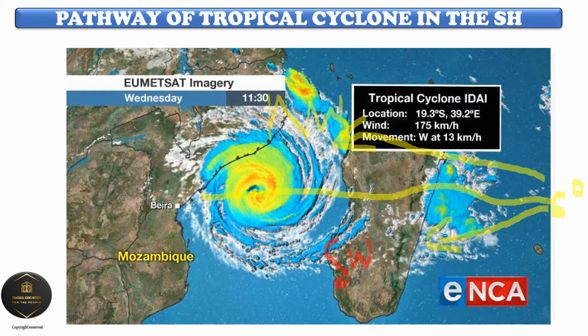So when we had tropical cyclone Idai a few years ago, we had the system affecting parts of Madagascar before it got to parts of Beira over there.